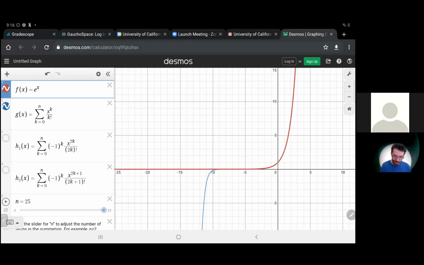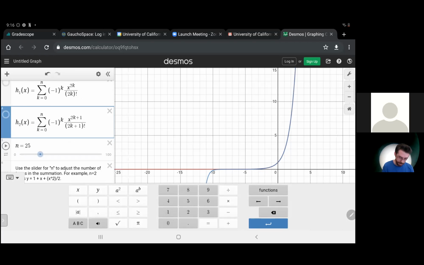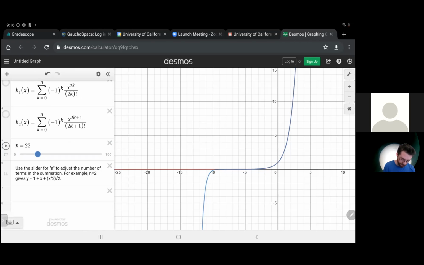So e to the x stays close to 0, and this will decay really quickly to negative infinity. But if I went higher than 25 terms, it would keep wiggling back and forth and take up more and more of this number line. So if I set this to 100 or something, and I activate my animation abilities.